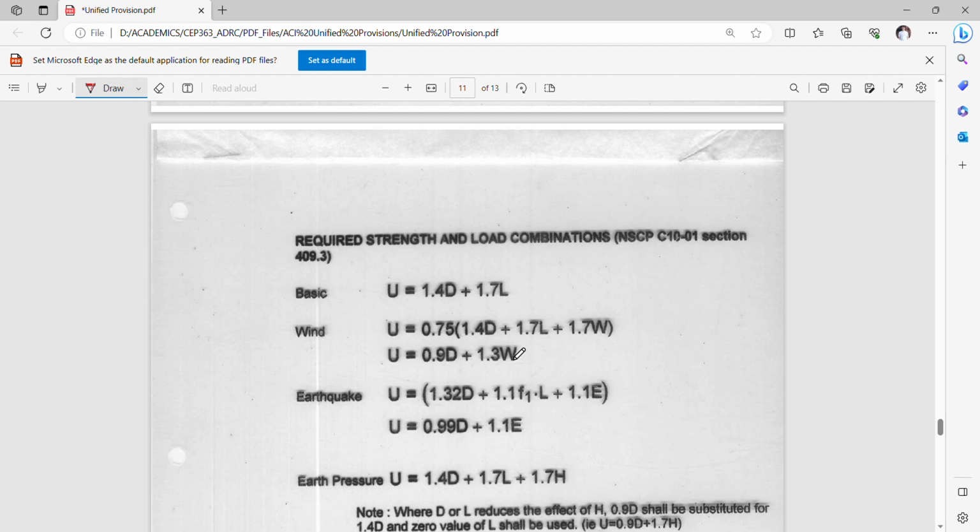For the ACI, we are now on concrete design. In the year 2001, the NSCP has two combinations, both combinations used in steel design and in concrete design. That's why here, this is now the strength design for concrete.